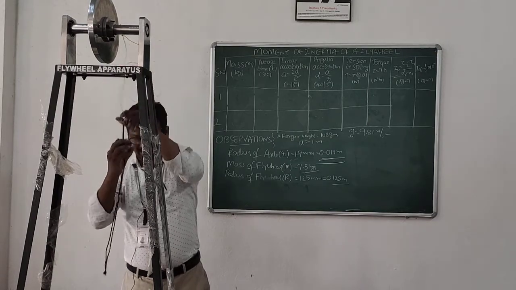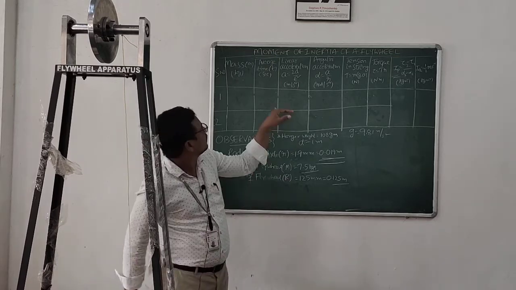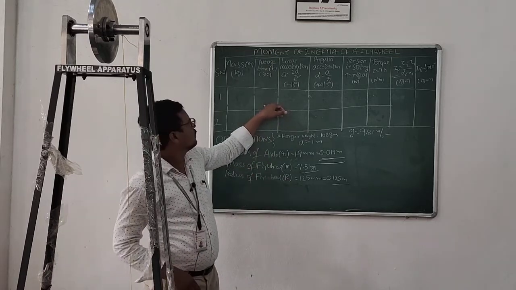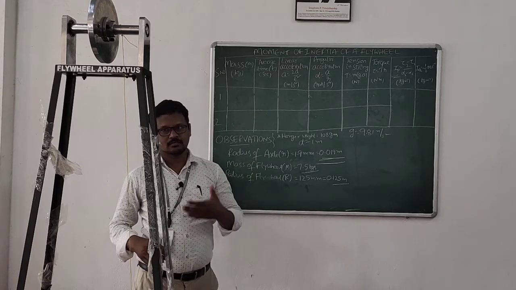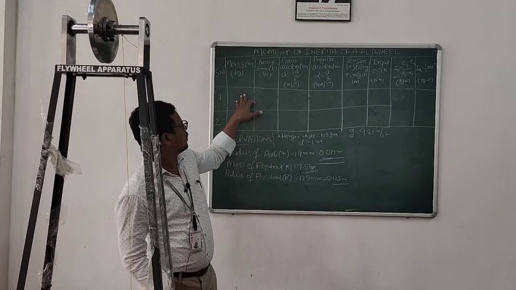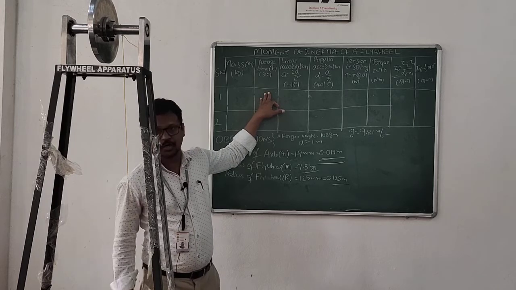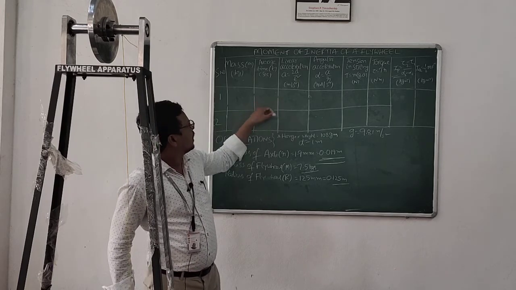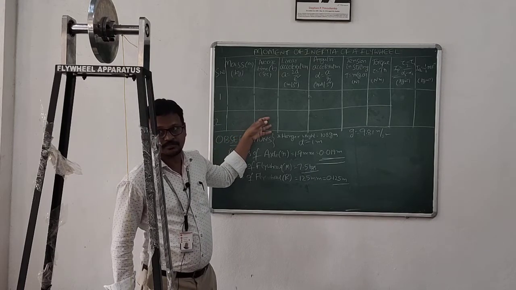That is T. Note down the T value here. We do this experiment 2 times using 2 different weights. For the first weight we note down the time it takes to fall, and then take another mass and note down the time it takes.